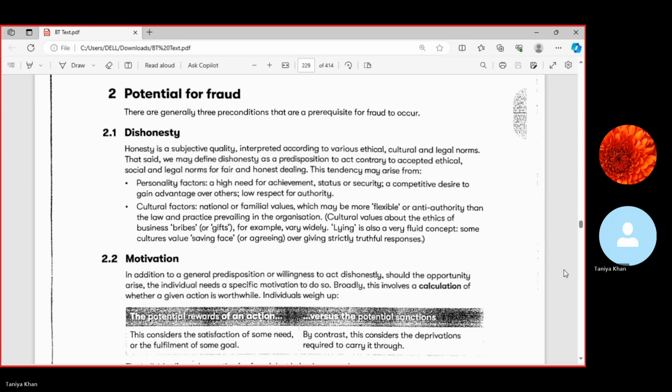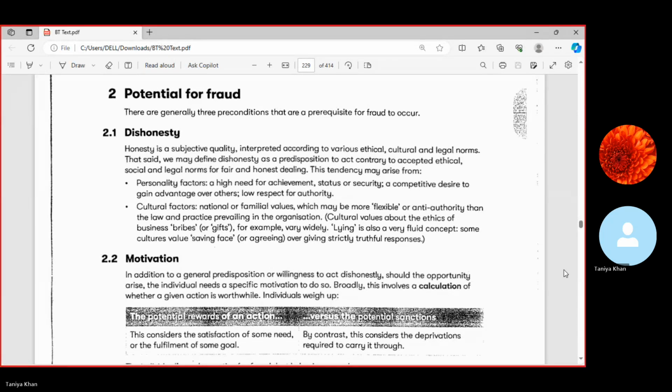Now, the second factor is cultural factors, like national or familial values, which may be more flexible or anti-authority than the law and policy prevailing in the organization. Like cultural values about ethics of business, bribes. In a business, people give bribes, they lure the other person with expensive gifts.